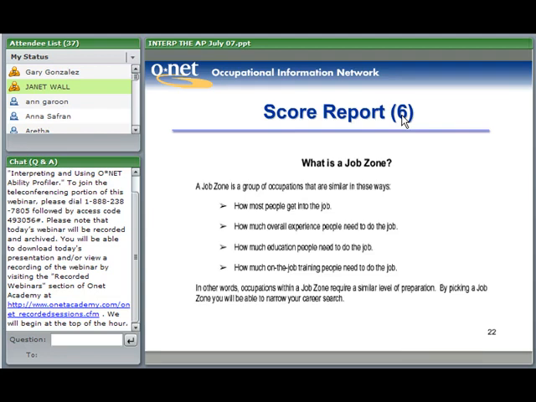Job zone is basically the amount of education, training, and experience a person needs in order to get into that occupation. And so there's a description: how most people get into the job, how much overall experience people need, how much education they need, how much on-the-job training that they need. And they're basically asked to think about what job zone is most pertinent to them.